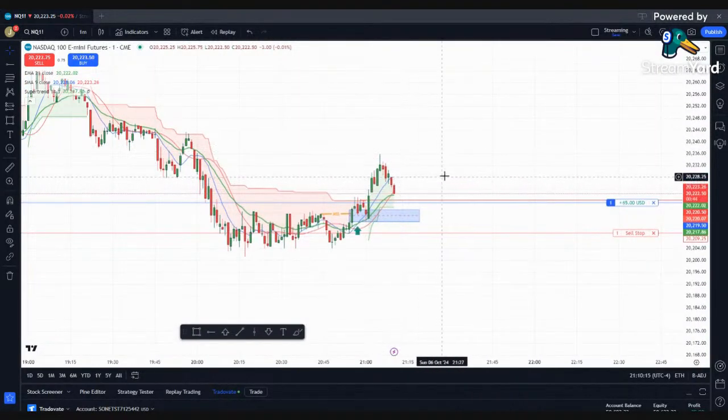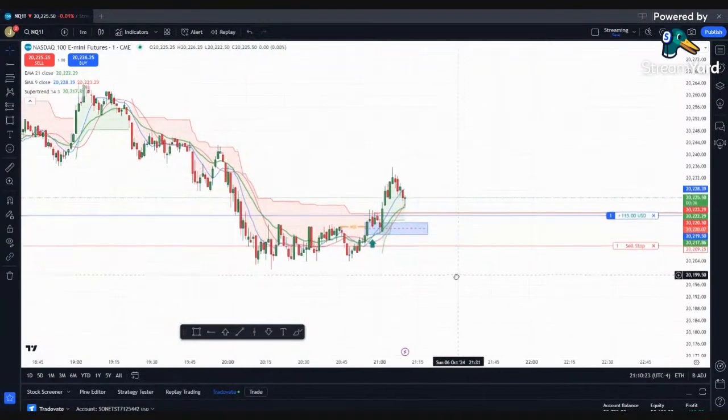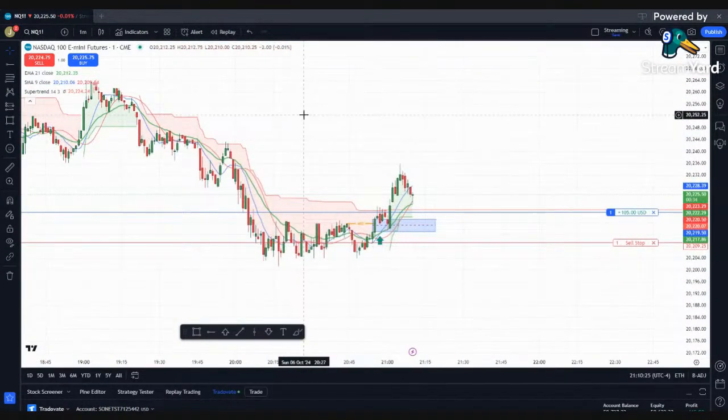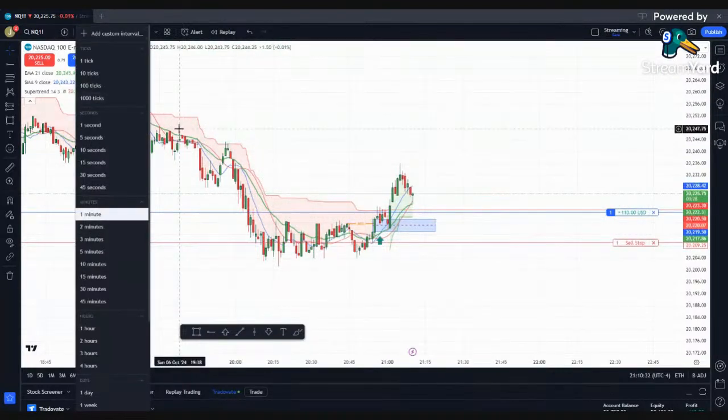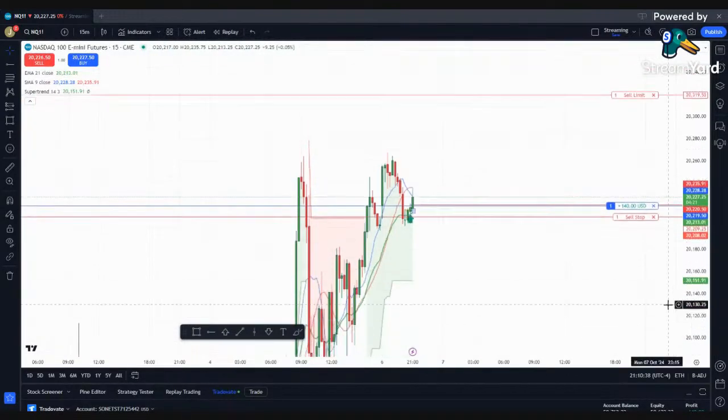Anything that you see right now, if you are doing top down analysis, which I'm not doing in my scalping, because my aim is just to scalp any swing, and by using this strategy you can do that. But if you want to make sure that your trade is really going in the right direction, you can do top down analysis.